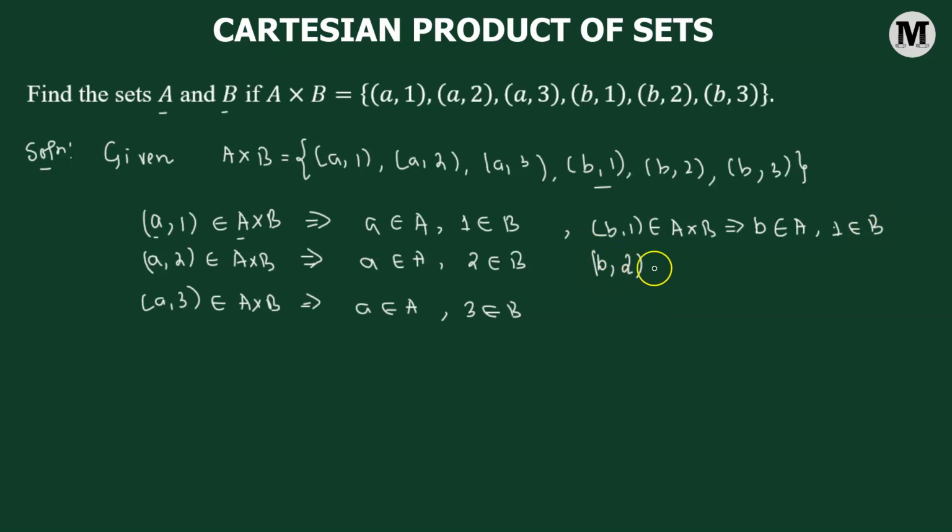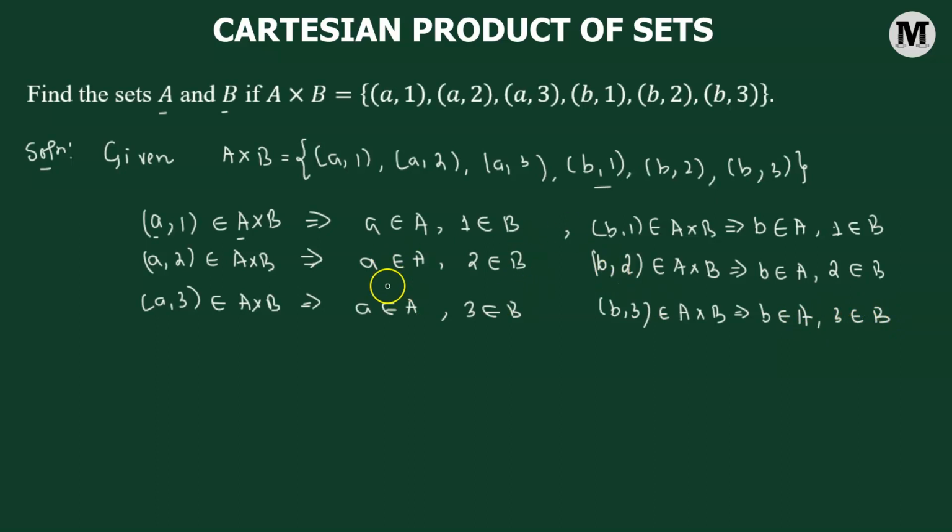Now this is an element which belongs to the Cartesian product of A and B. This means that b belongs to the set A and 2 belongs to the set B. Next we have (b, 3) belonging to the Cartesian product of A and B. This means that we have b belonging to A and 3 belonging to B.